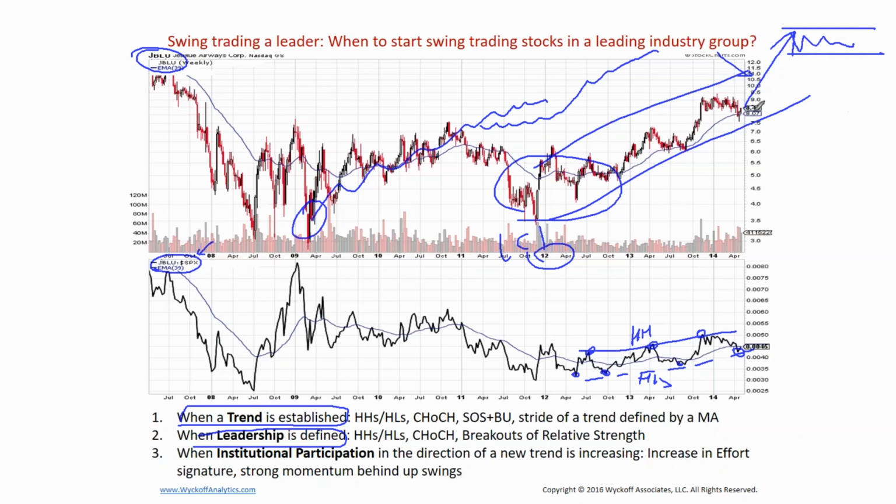And therefore, this becomes a very opportune place and time for us to consider opening the position in the stock that is in the leading group but not necessarily outperforming at this particular time.